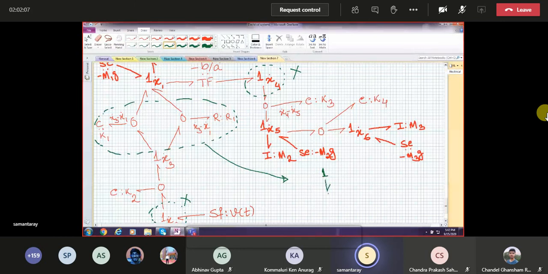Single zero, one X1 dot, so it's X4 dot, X3 dot.